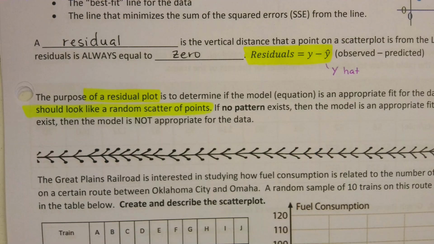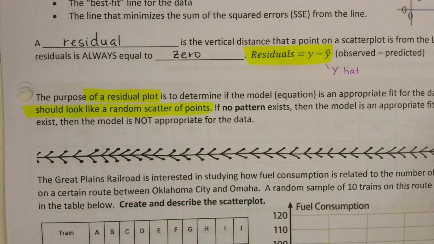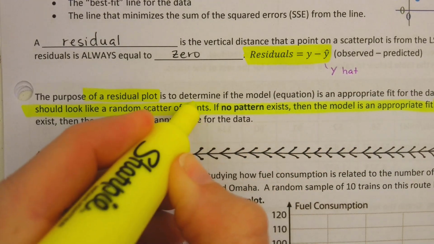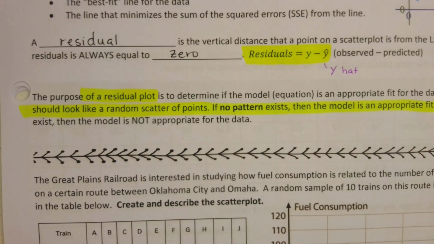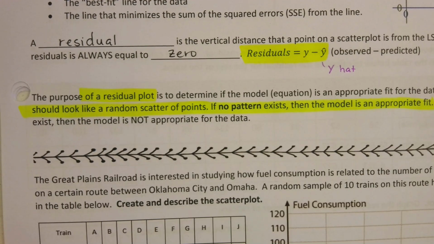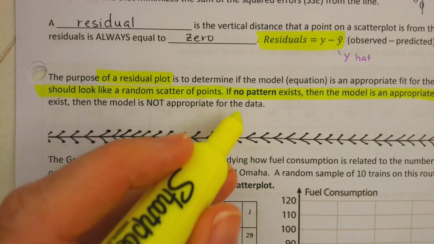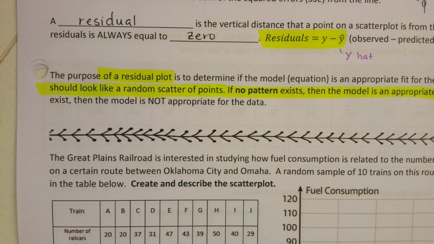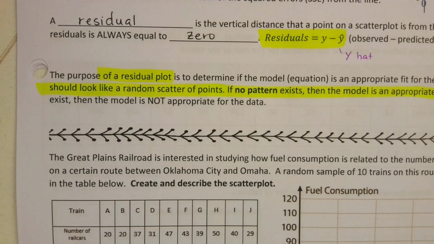Okay, so if you see it just randomly scattered around when we make our residual plot on the back, that's a good thing. You want it to be random. If no pattern exists, the model's an appropriate fit for your data, meaning the equation was a good fit for the points. If you do see some sort of pattern, then it's not an appropriate fit. And usually what the pattern will look like is kind of a U shape. If you see a U shape going on, that's not a good fit. That means it wrote an equation, but it's kind of a terrible equation.